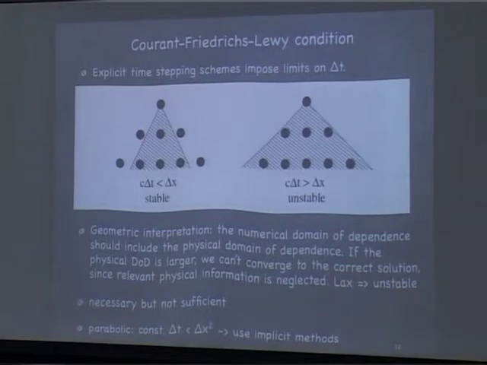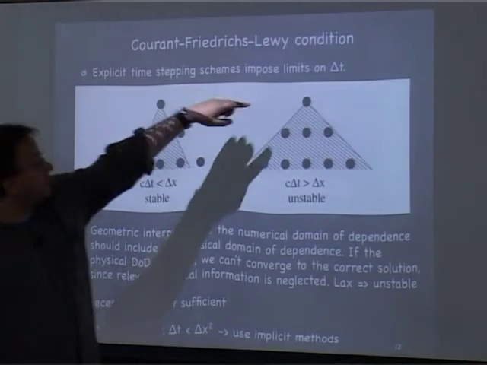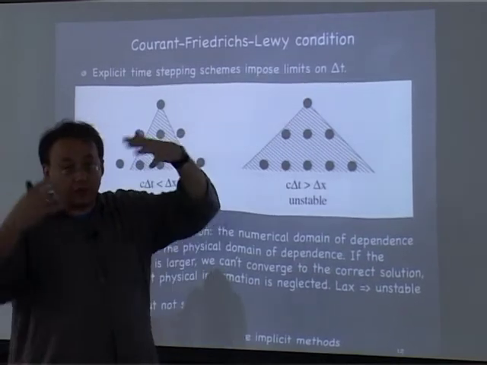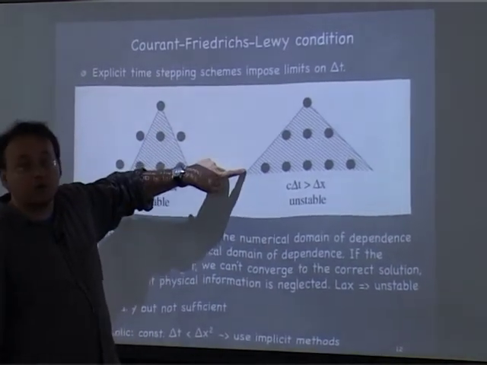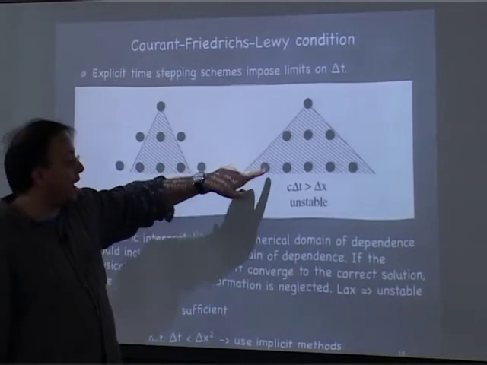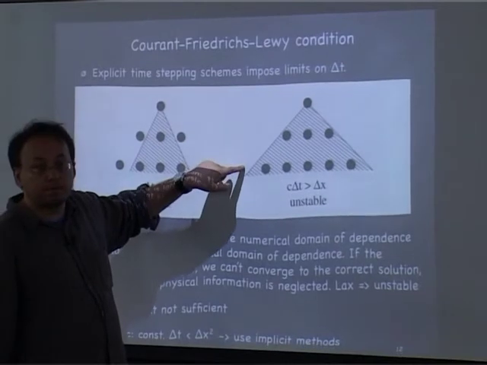Because if this is not true, in the other case, here, the physical domain of dependence is larger. Okay? So what does it mean? That this grid point here, physically, in the continuum, can be influenced from this region here, but numerically it can't, because numerically it's only influenced from this one. This one is out of reach. Okay?